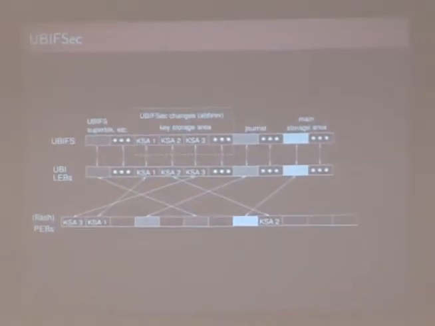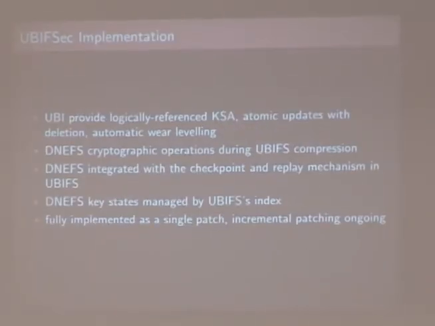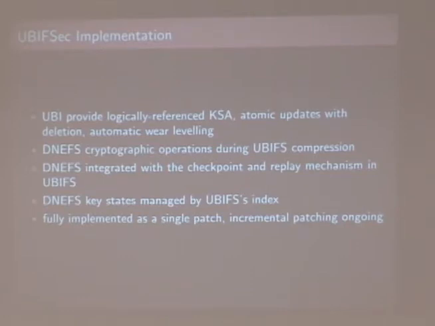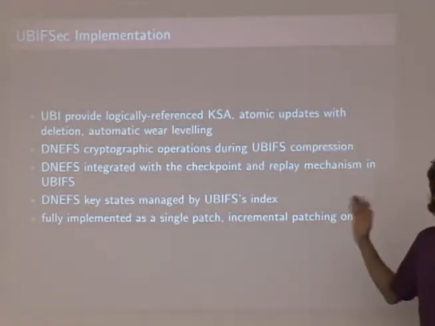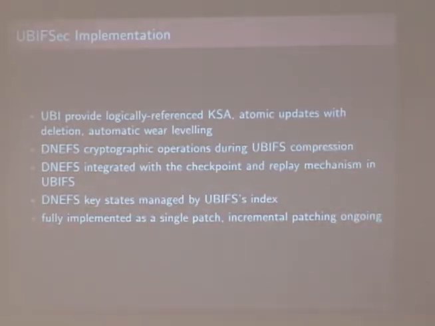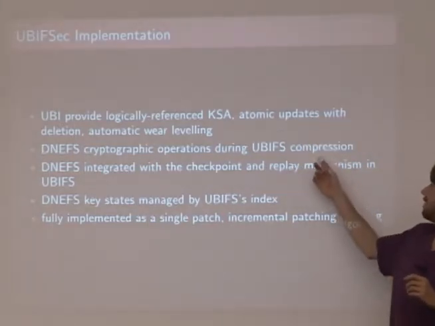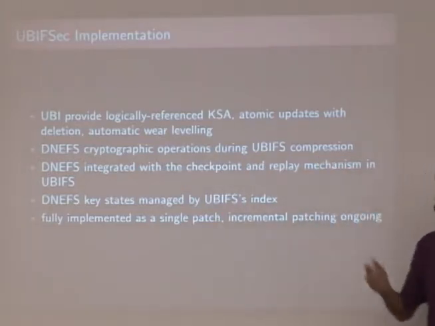We changed the read and write functionality of the file system. I don't have time to go into the full implementation, but it's in the paper if you like the sort of systemsy stuff. Basically, UBI gave us all the legwork that we needed. We added our cryptographic operations in UBIFS's compression, which is just the way it was encoded before writing it to the storage medium.